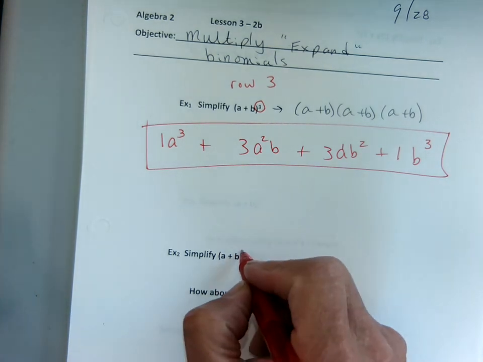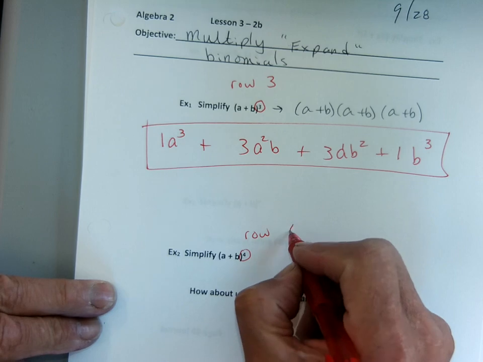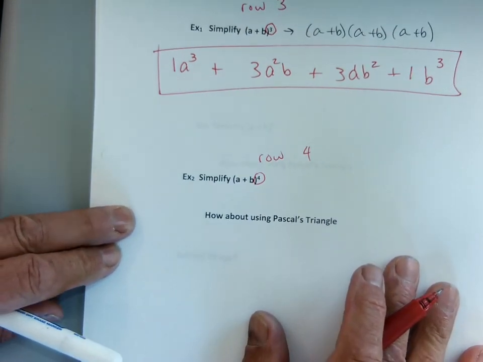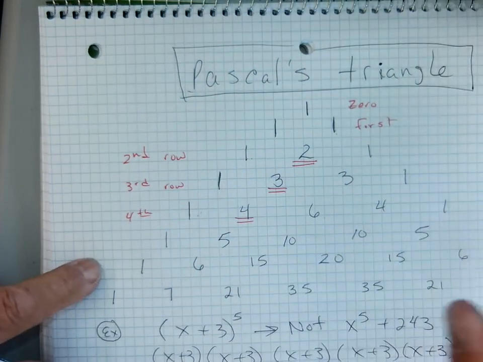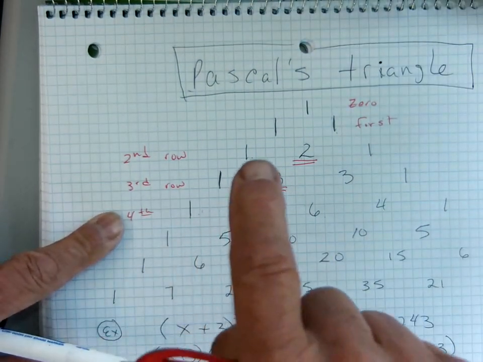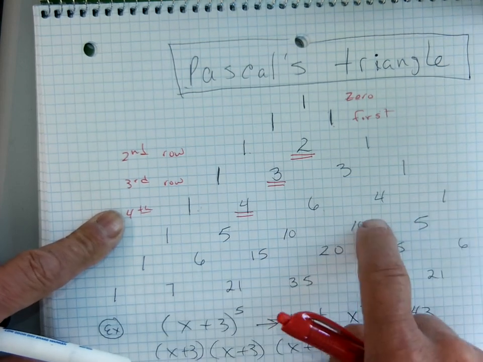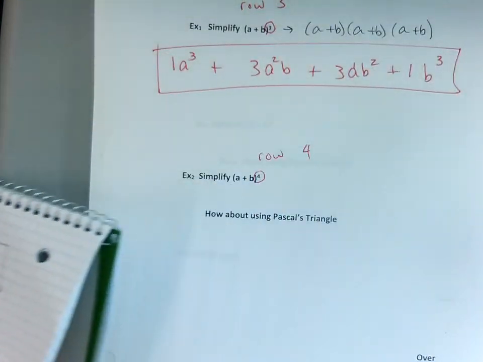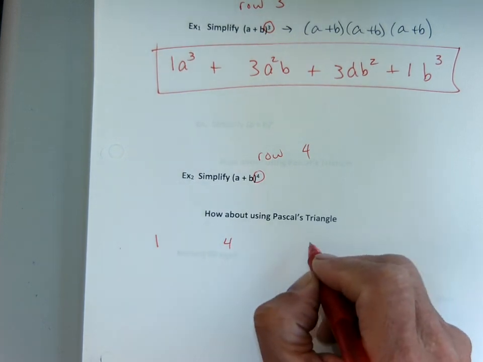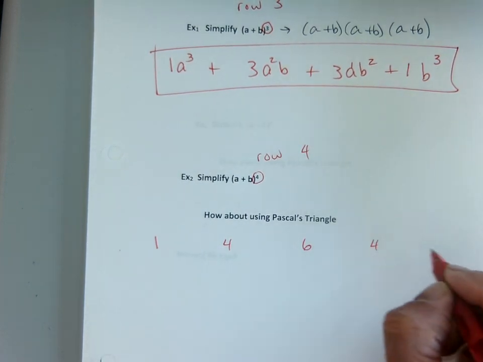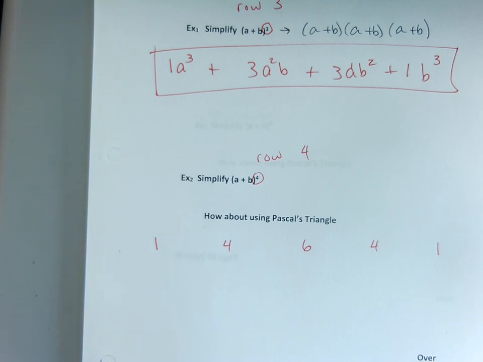I look at Pascal's triangle, and row 4 is the 1, 4, 6, 4, 1. I write those coefficients down. 1, 4, 6, 4, 1.